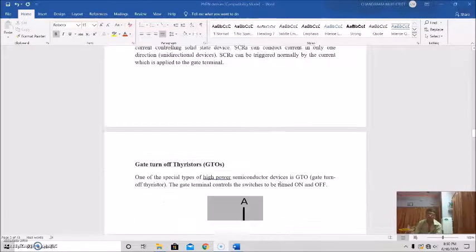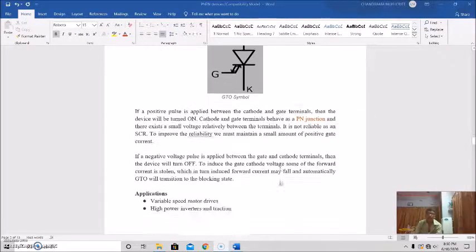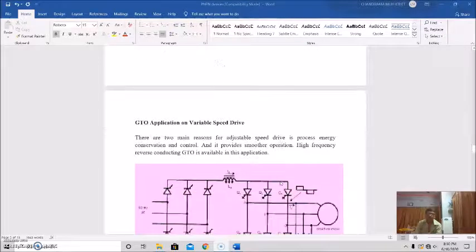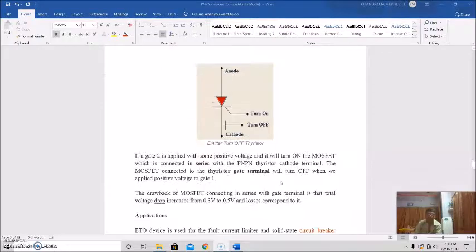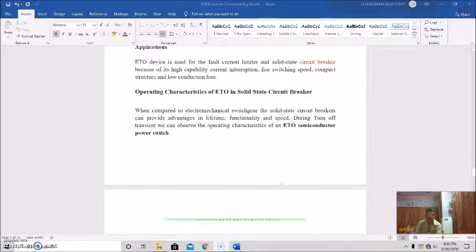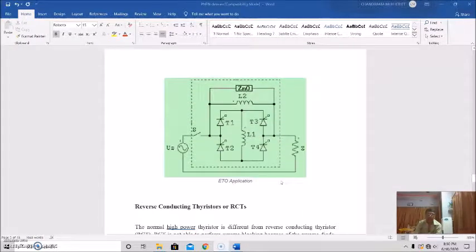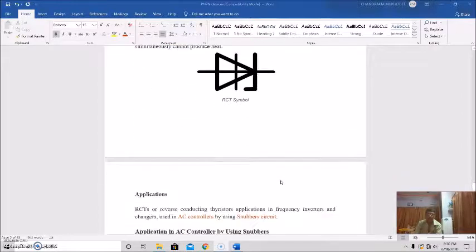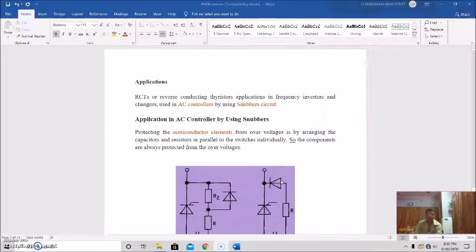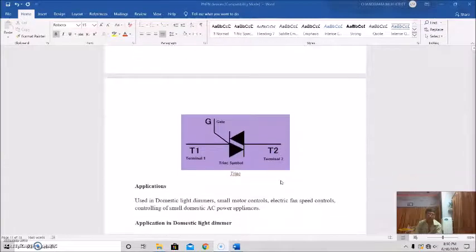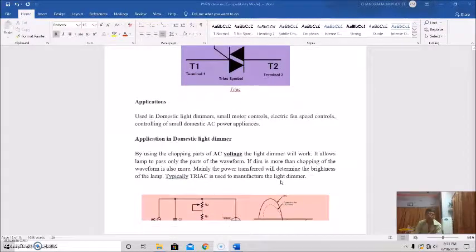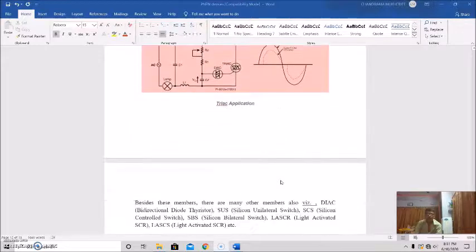So this is SCR, then GTO, then its application ETO, then we have discussed RCT, and TRIAC.